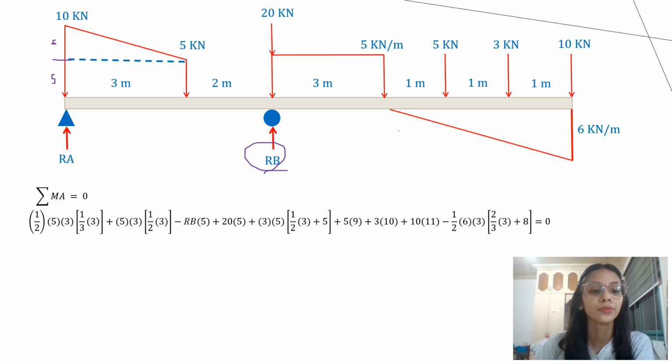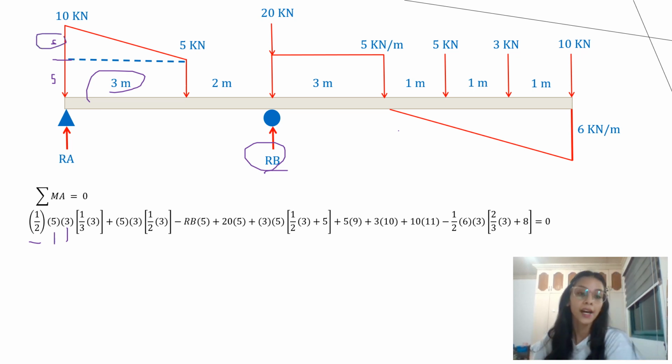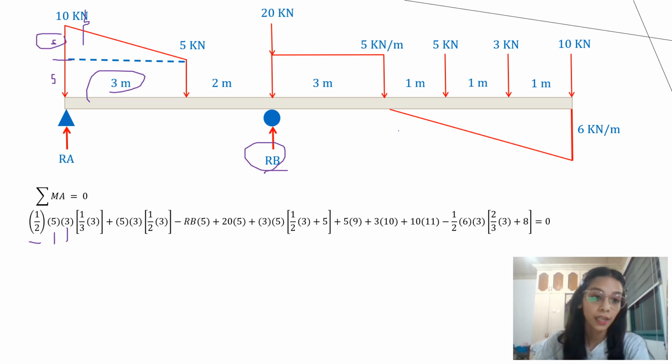So 1/2 times base 3 times height 5, times the centroid of the triangle.